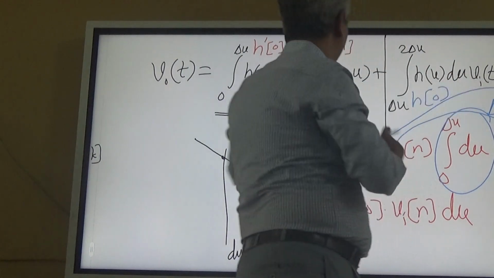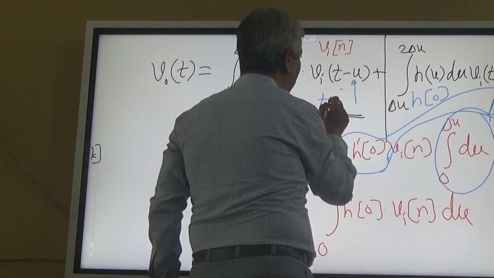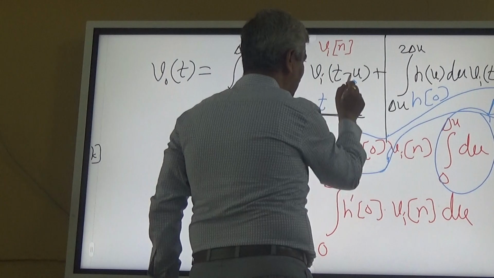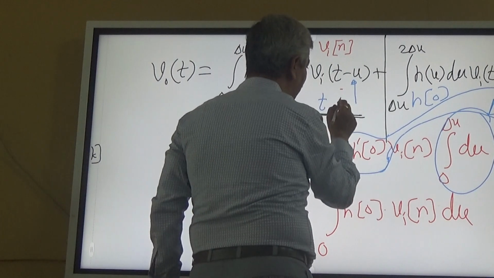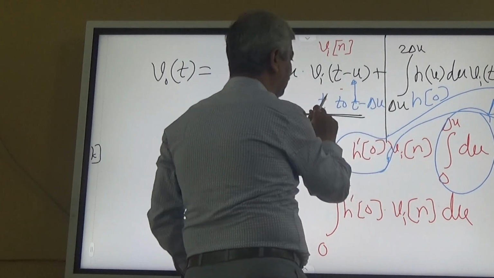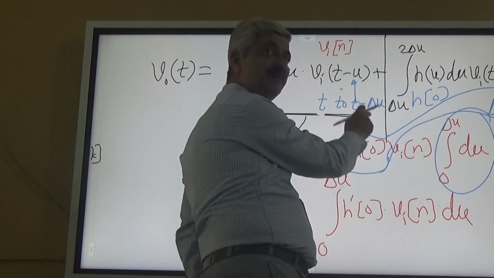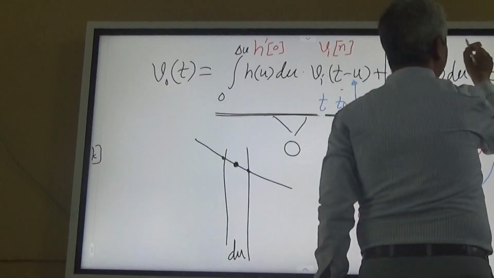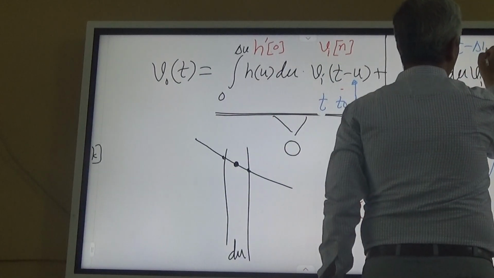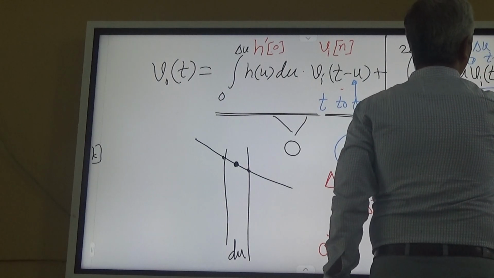This u was varying from t to, it was a range from t to t minus delta u, right? T to t minus delta u. Now the range would be t minus delta u to t minus 2 delta u.